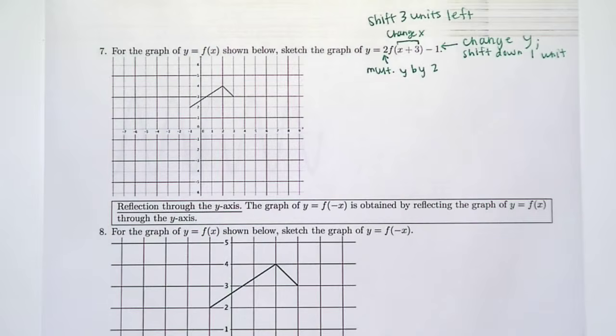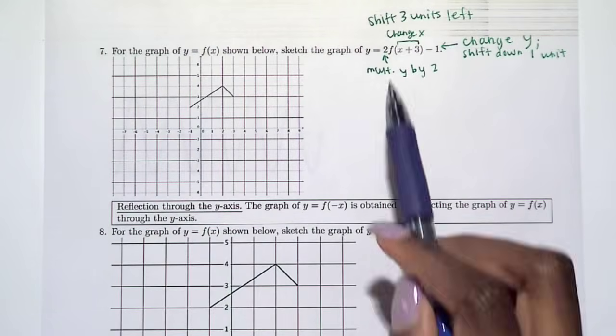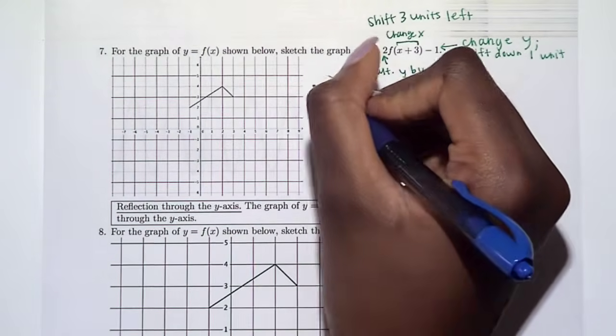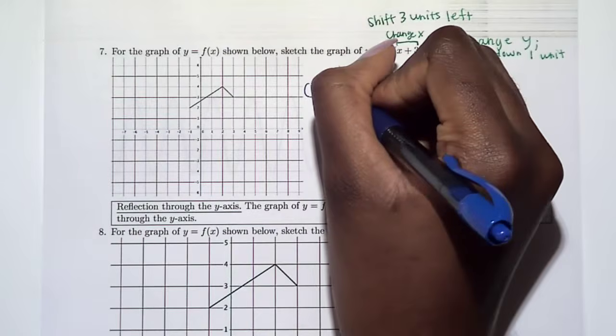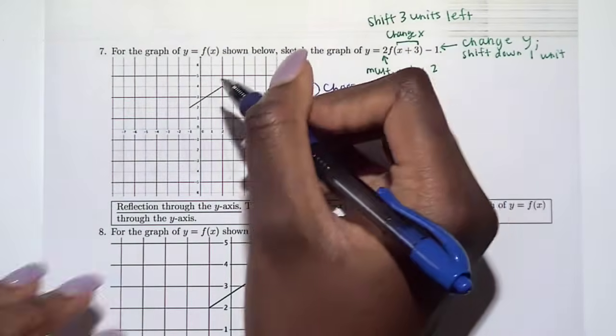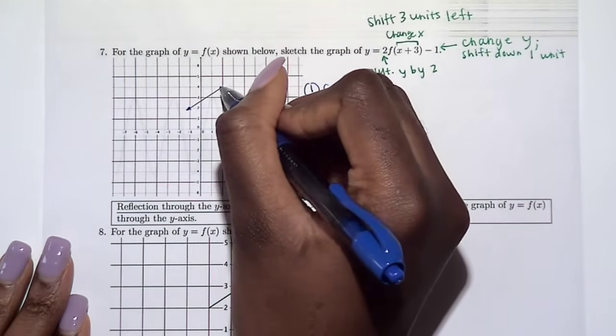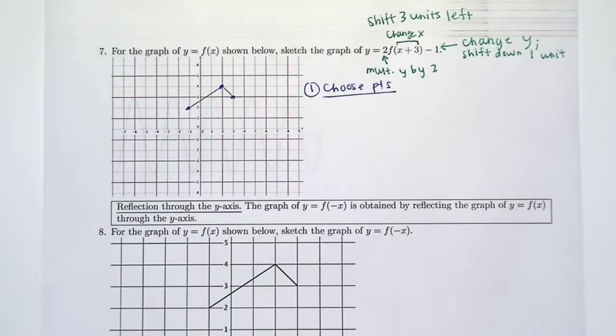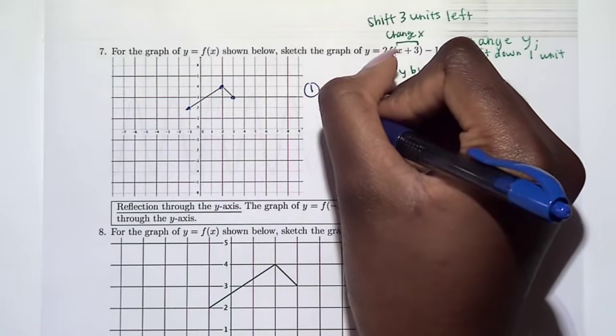All right, so let's go ahead and get started. We just want to sketch this new graph. So I'm going to do the same thing that I did last time. I'm going to choose points first. Luckily, I think these are the same points as the previous problem.